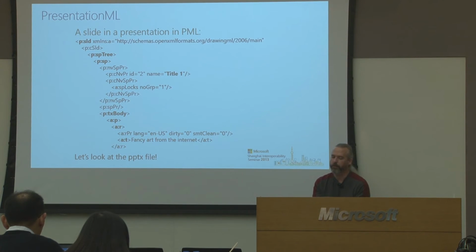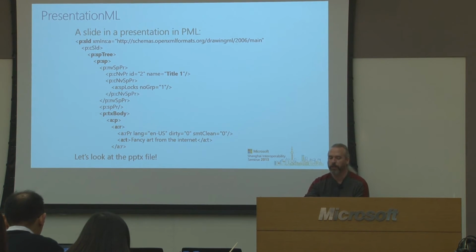Presentations are primarily made up of drawings. So the first thing we see here is a shape tree, or spTree, that p:spTree element. Under that are a series of nested p:sp elements, and those are shapes. Within those shapes, of course, you can also have text boxes and things like that.